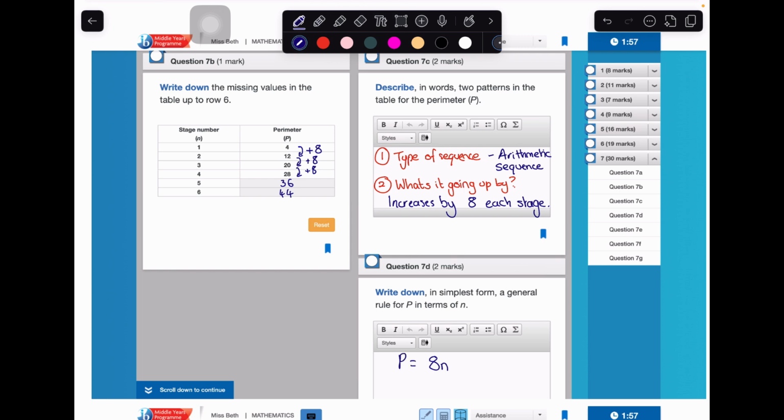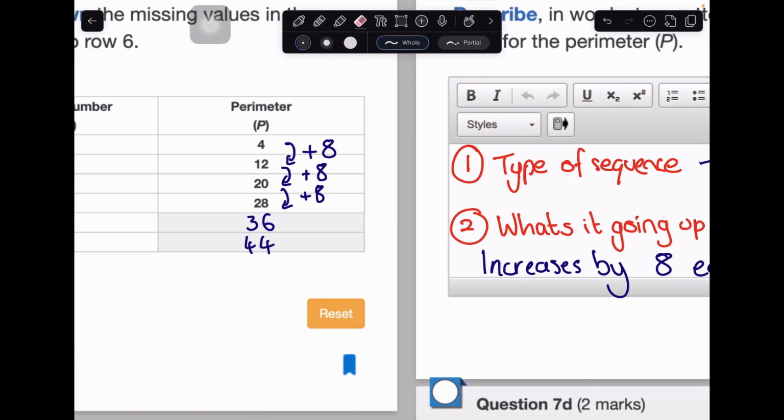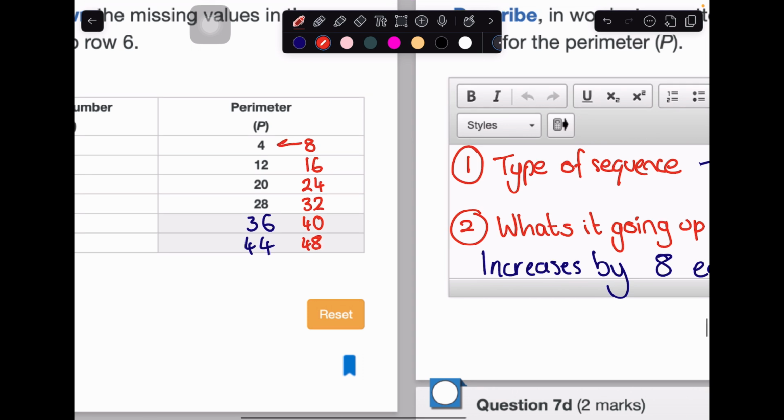Okay, then what you're going to do on your scrap piece of paper is just note down next to your table values the 8 times table. Okay, so we would have 8, 16, 24, 32, 40, 48. And what you need to do is find the connection here. So how do you get from your 8 times table to the number to the left of it?